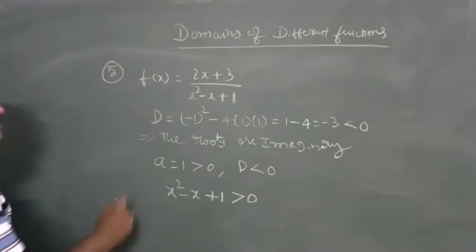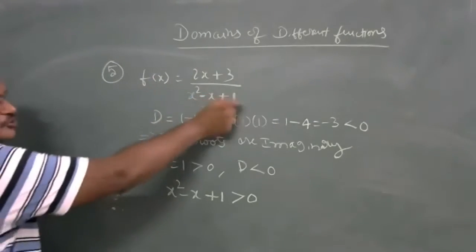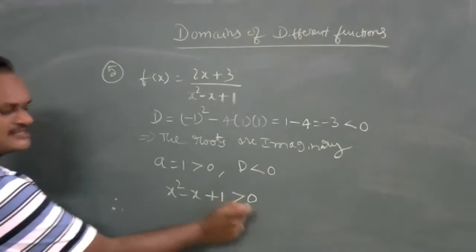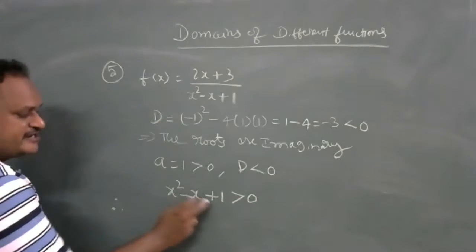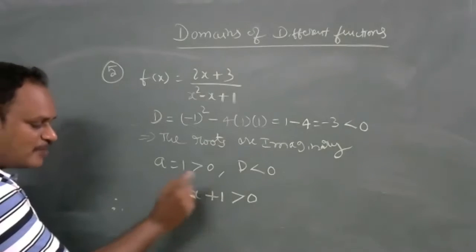Therefore, whatever real number you substitute here, you are going to get this as positive. Whatever real number you substitute in the denominator, you are going to get this as positive.